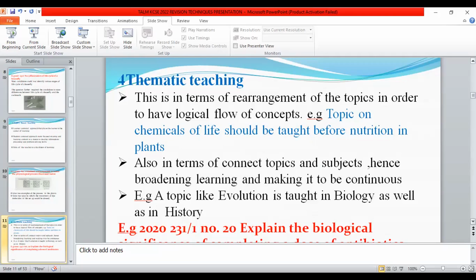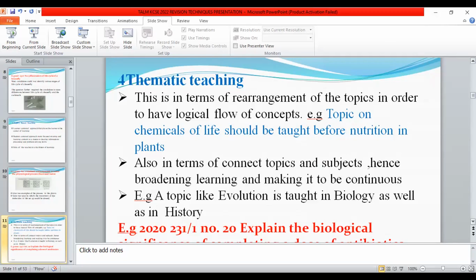I want us to go back to KCSE book 1. When we are teaching Form 1 biology, we get to the topic on nutrition in plants. We have nutrition in plants, nutrition in animals, and the chemicals of life.